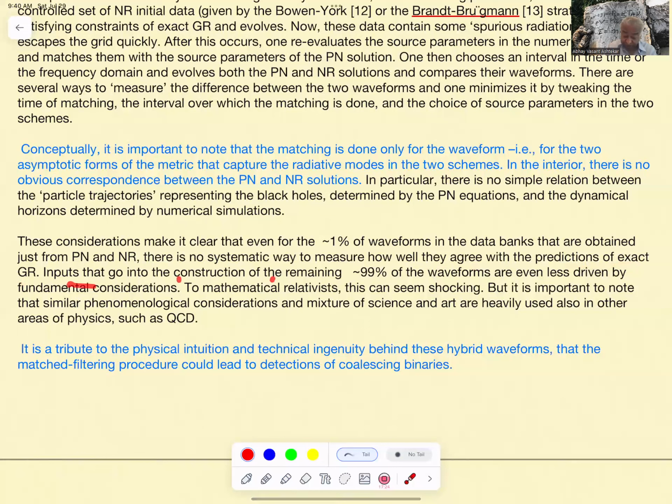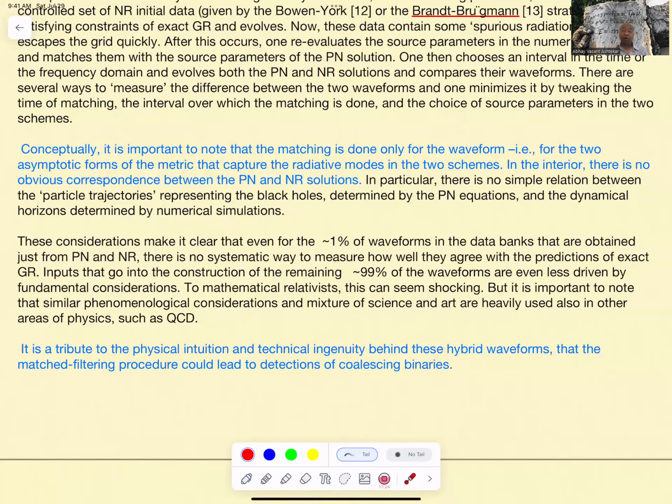Inputs that go in the construction of the remaining 99% of the waveform are even less driven by fundamental considerations. To mathematical relativists, this can seem shocking. But it is important to note that similar phenomenological considerations and mixture of science and art are heavily used also in other areas of physics, such as QCD.